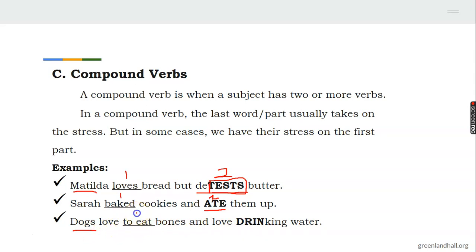To eat is verb number 1, and drinking is verb number 2. Alright, now we deal with the second one, which has its own stress on the first syllable. That's why I said in some cases, they have their stress on the first part. You can see it here.